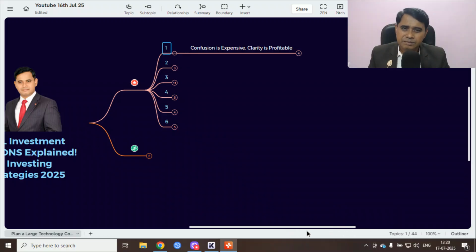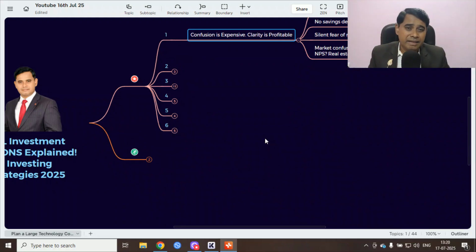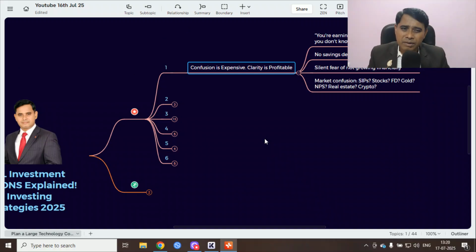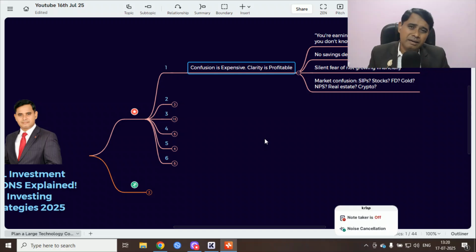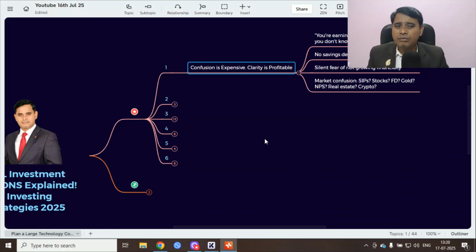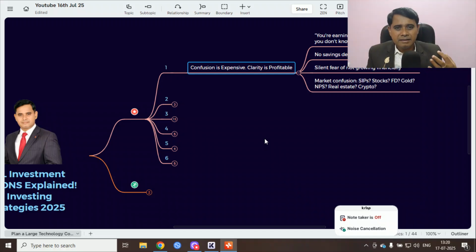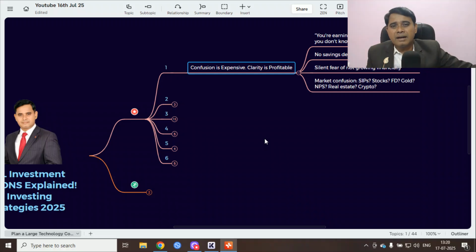Is it right? No. Because clarity is profitable. Why? Because you may be a salaried employee earning well and working very hard, but if you don't know where to put your money, you invest randomly. Suppose you put your money in a fixed deposit, an RD, equity, mutual funds, stocks, gold or silver, wherever you are planning to.